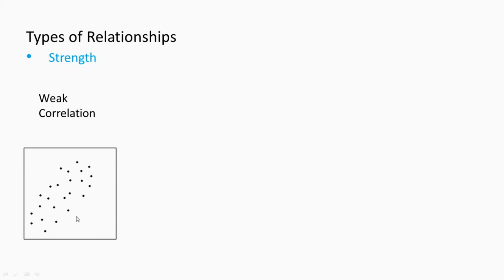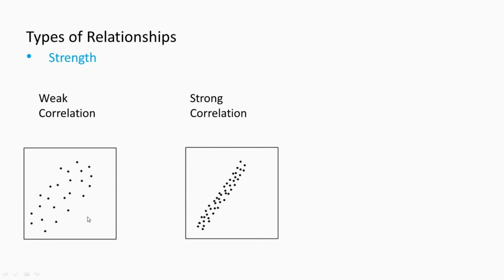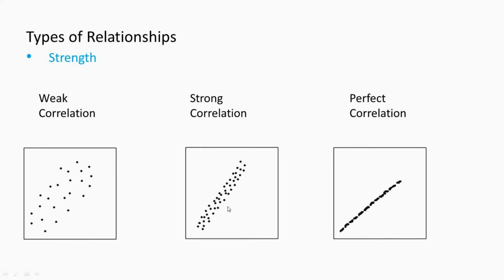Therefore, we can identify this correlation as a weak correlation. Here, strong correlation. You can see the points are very close to each other. And this is a perfect correlation. But we cannot get this correlation in the real world.